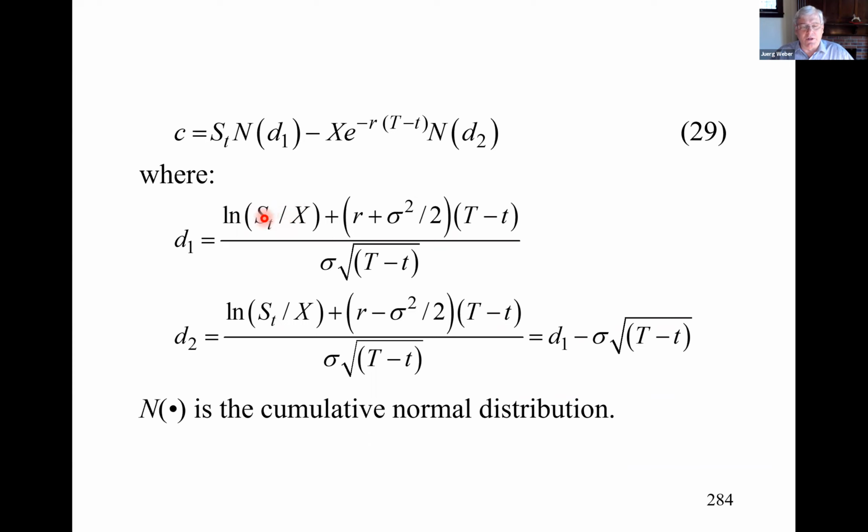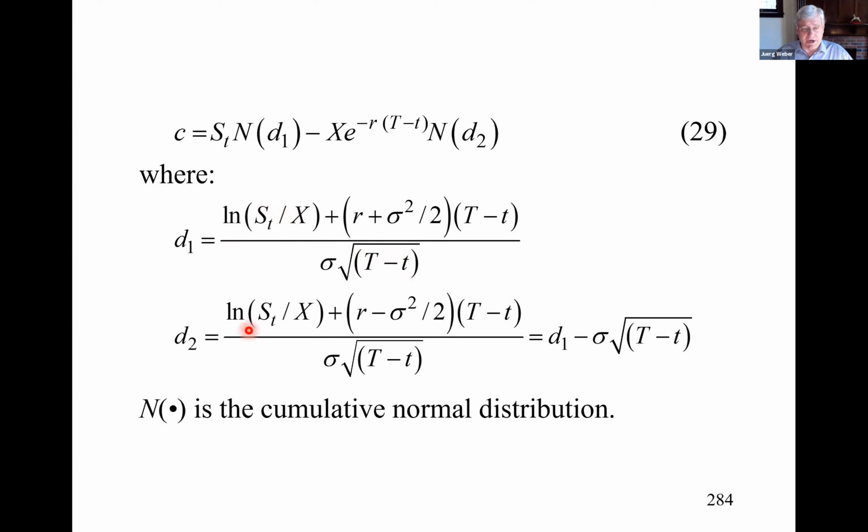If you are between 0 and 1, that's a number less than 1, and the logarithm of it will be a negative number. And then you divide again by smaller and smaller, and so this approaches minus infinity.